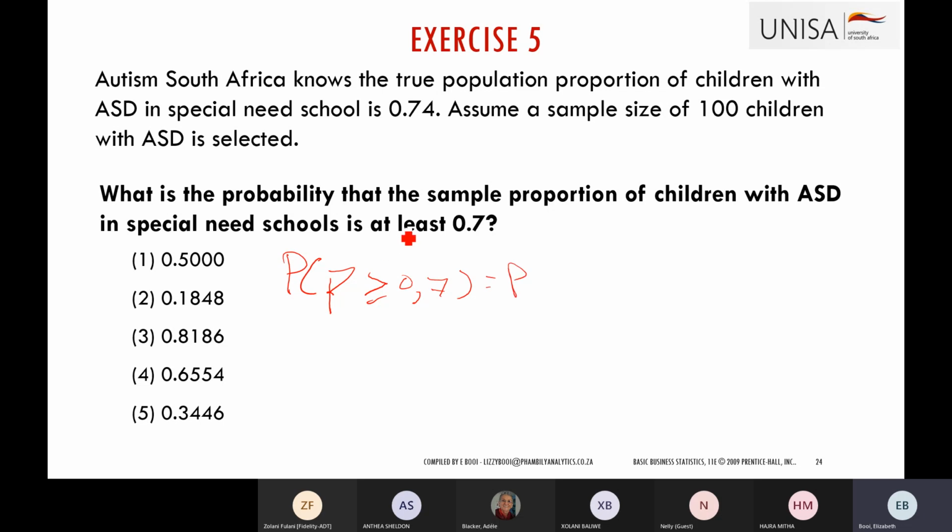Therefore, you need to find the probability that Z is greater than or equal to P minus pi divided by the square root of pi times 1 minus pi divided by N. And remember, when you get to the answer, it will be 1 minus the value you find.